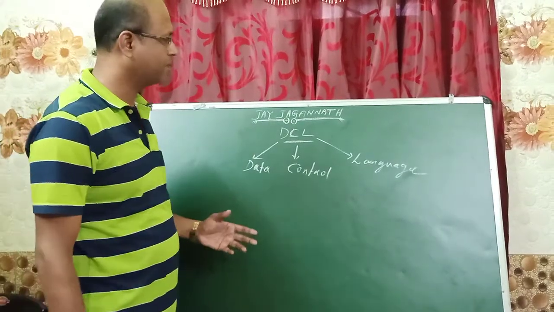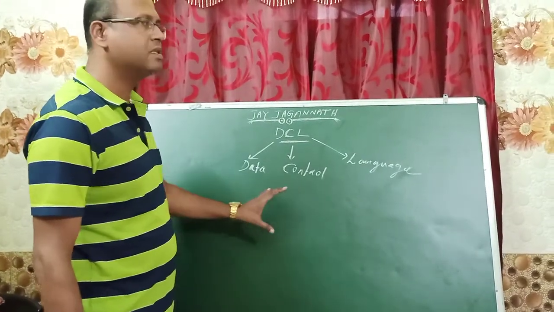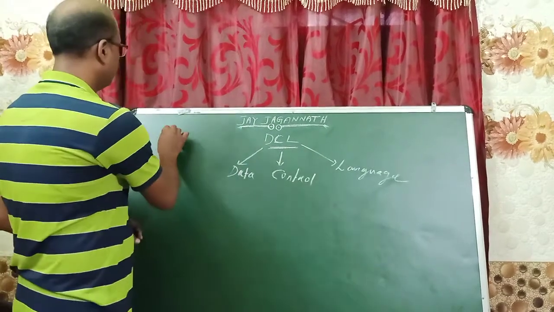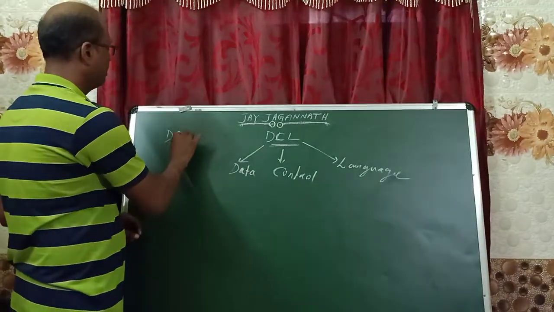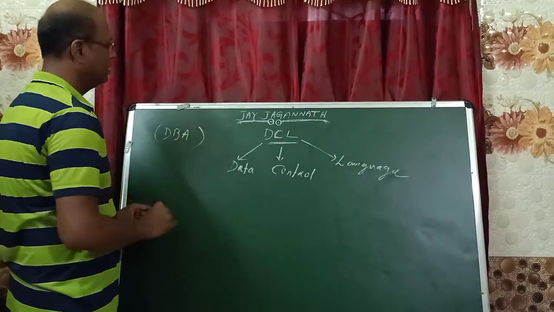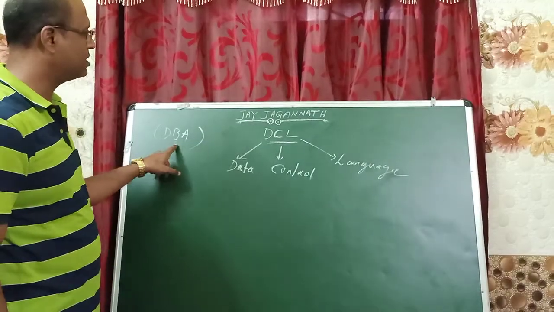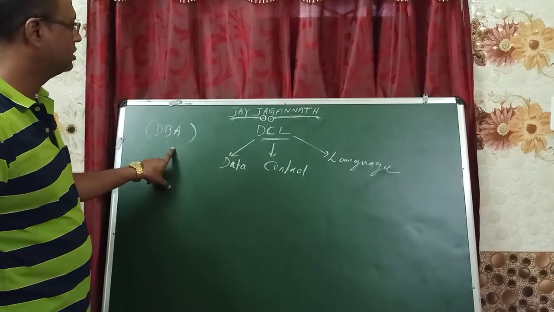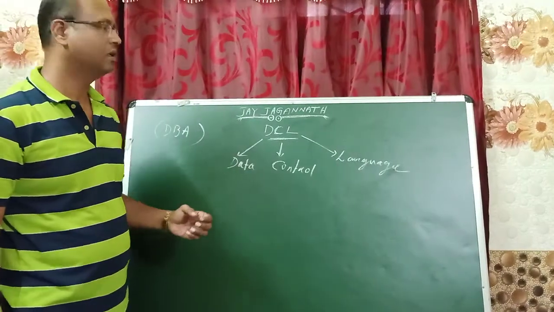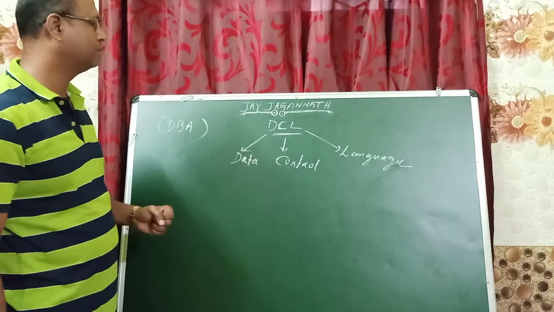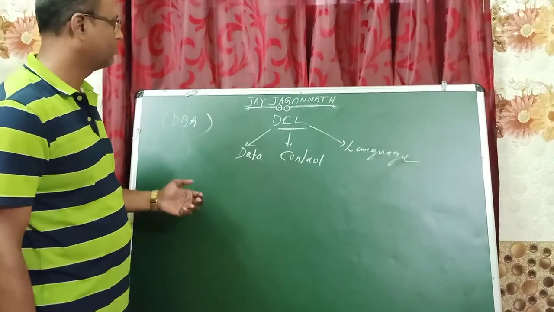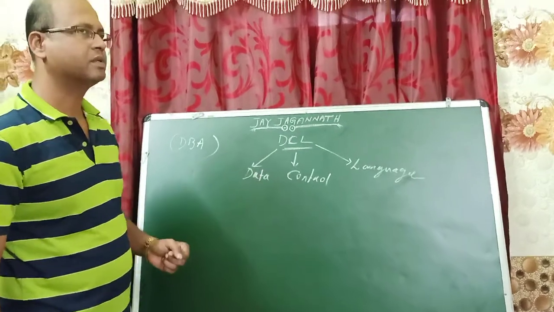It means that there is a DBA, known as the database administrator. DBA is a person, the database administrator, who controls the accessing level of data from the database.